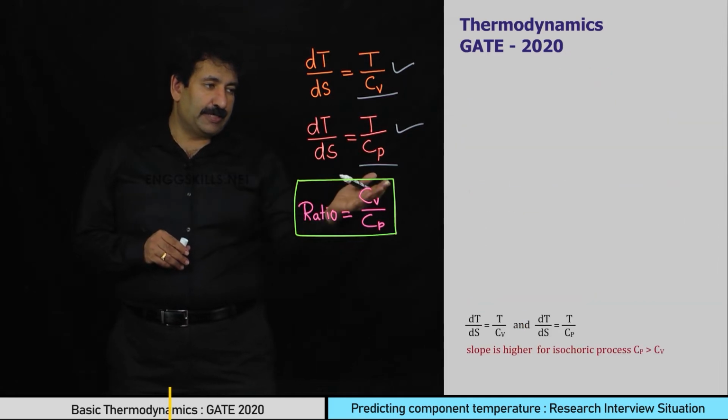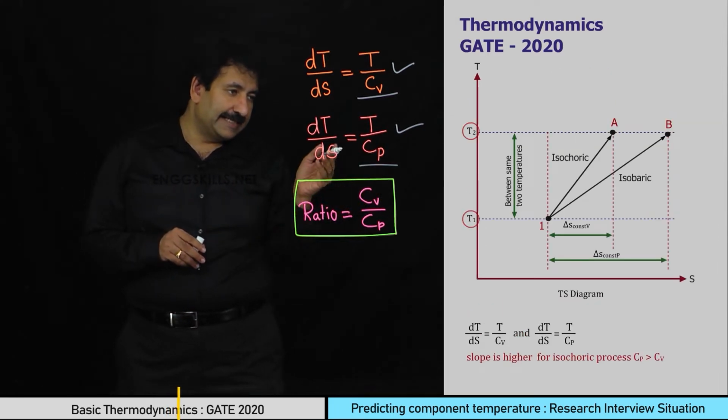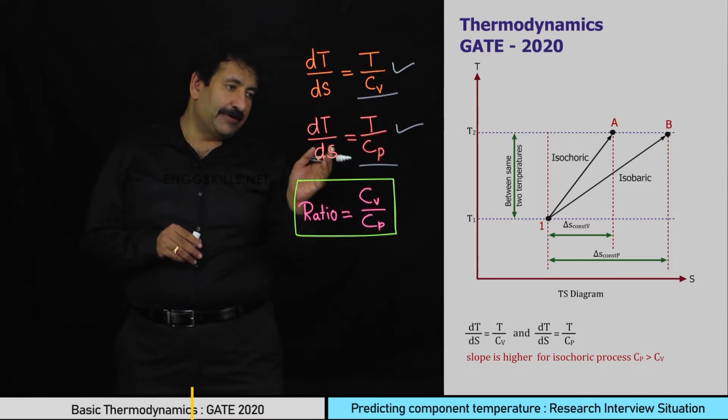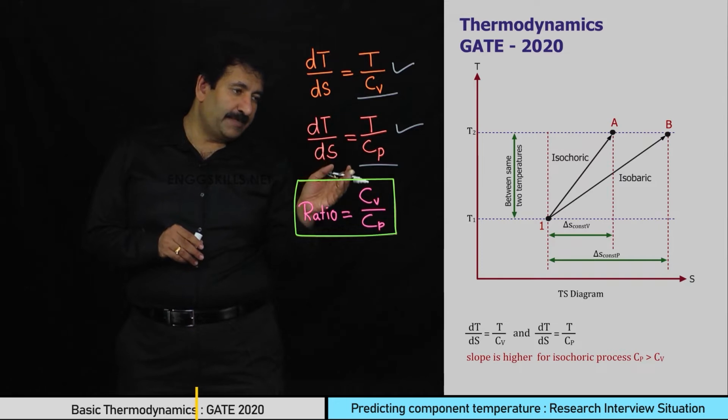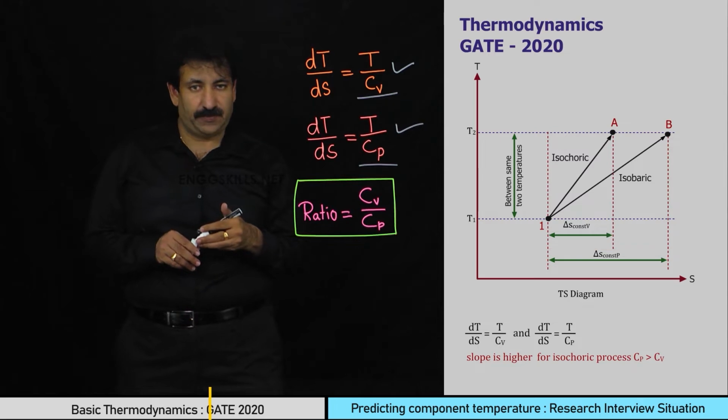Now, you can also see the figure. If you consider the same two temperatures to begin with as well as to end with, you can see that the entropy change for the same two temperatures is actually higher for isobaric process.